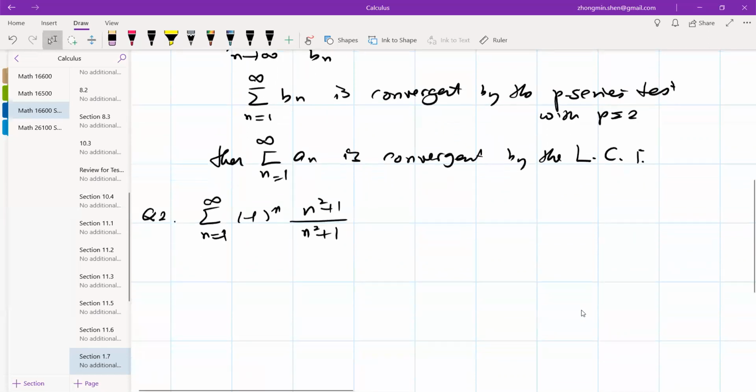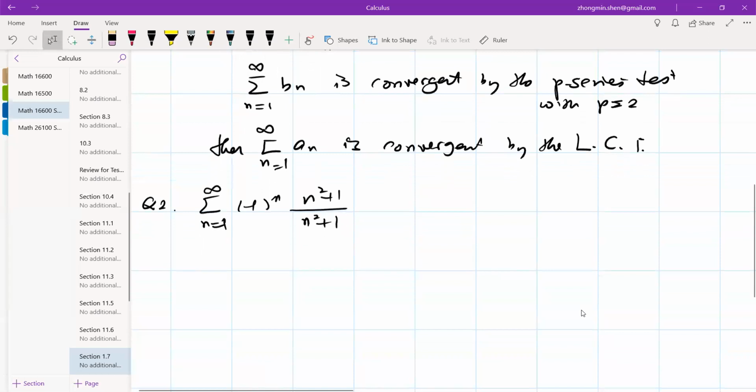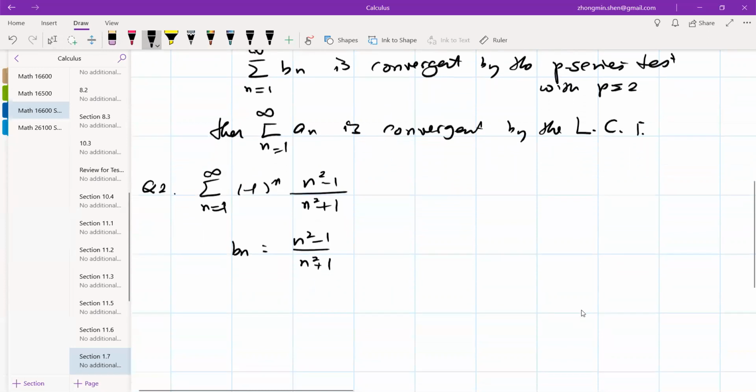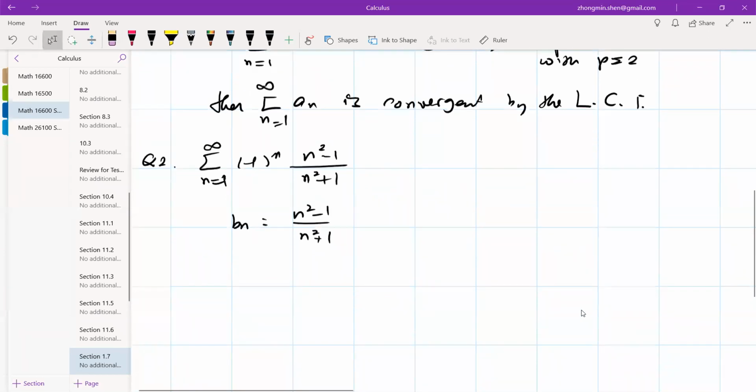Even if you want to apply the alternating series test, you still have to prove that this term bn converges to 0. But here the numerator is n squared minus 1. This term may be decreasing, but at least it's not going to converge to 0.